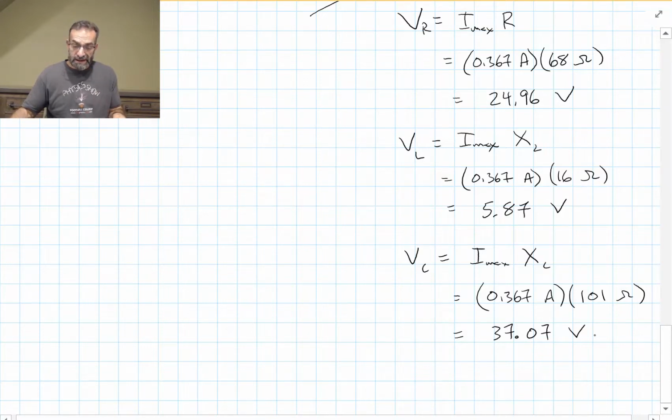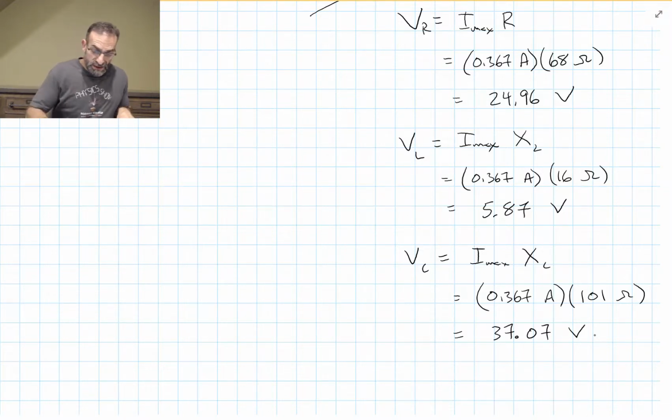Those are the values I get, and we can see when we do the calculation, the voltage across the capacitor is larger. The maximum voltage across the capacitor is larger than the maximum voltage across the inductor. So our phasor diagram actually is going to have this look to it.